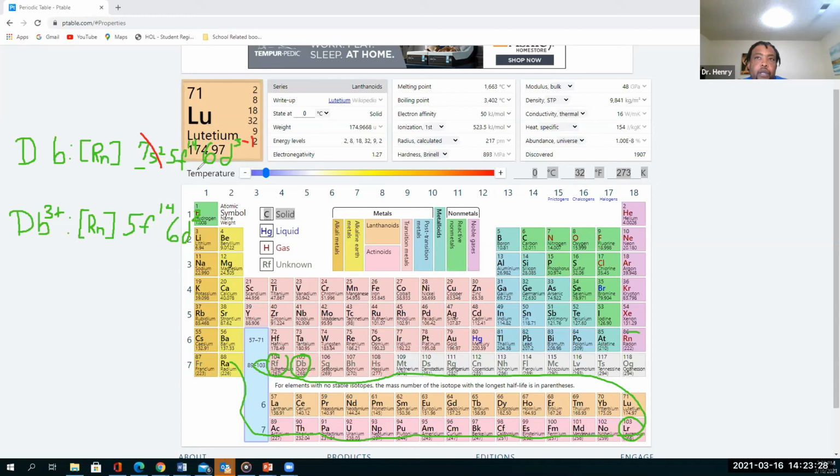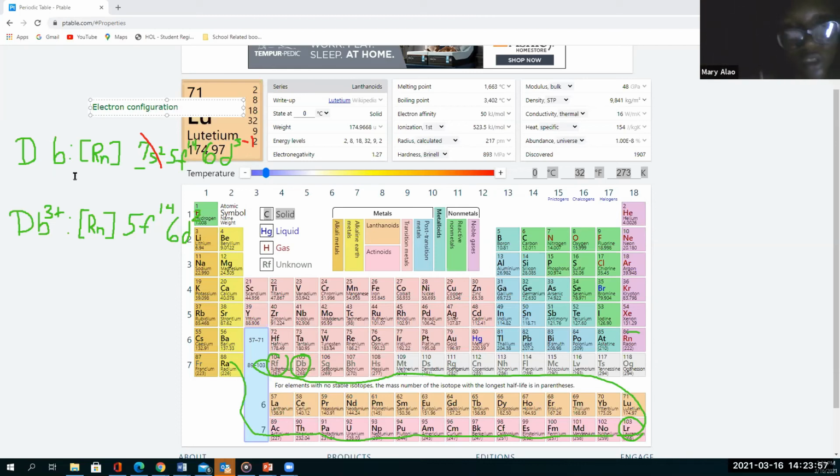Okay. So I'm going to show you one more thing. Dr. Henry, in the case of this Db, you were actually moving backwards, from 104, 103, going lower in atomic number. What are you making reference to? Okay, Db, not the Db3 plus, just the Db.